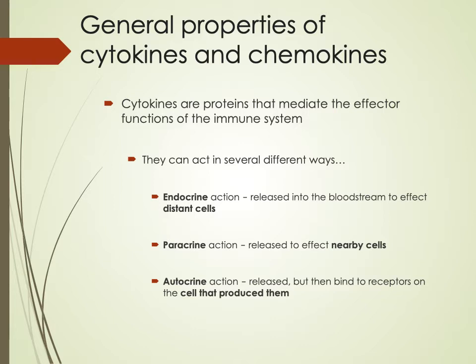They can act in several different ways: endocrine action, paracrine action, and autocrine action. Endocrine action is where it's released into the bloodstream, and then it's going to affect distant cells. So cytokines and chemokines, even if they're being produced because you cut your finger, can actually recruit cells through the bloodstream and tell them, this is where you need to go.